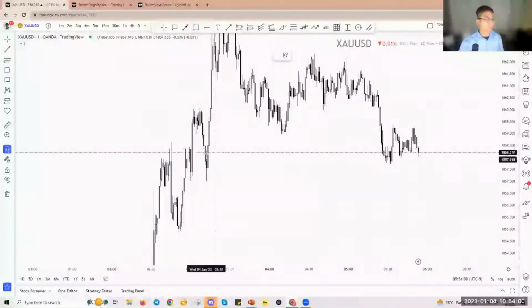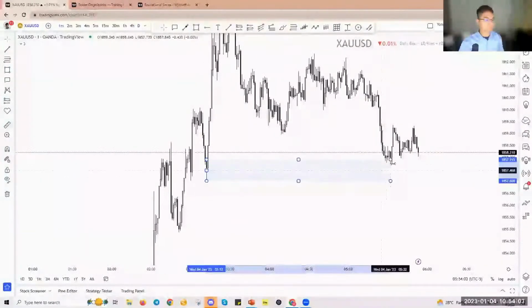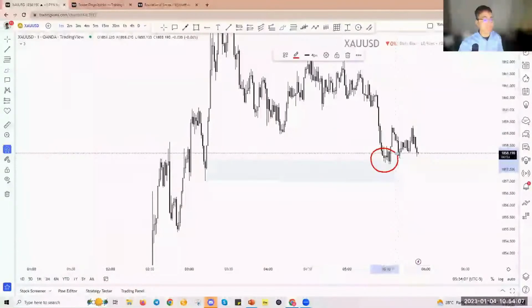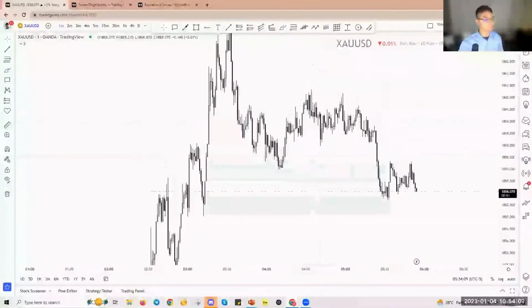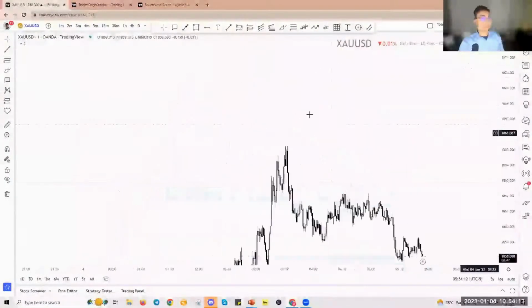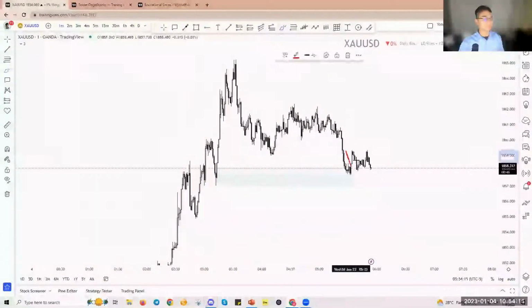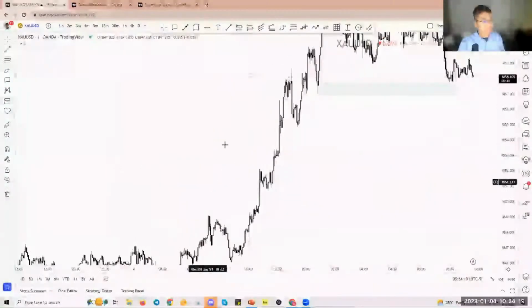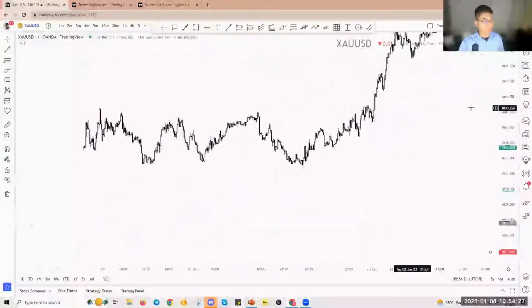Go right here already tapped into this area. It has done some sort of a small little accumulation back up to the upside. Okay, I don't think I can show you right now. This looks to me like a possible reaccumulation schematic. Price can potentially go back up. So reaccumulation, I will not do it for now.